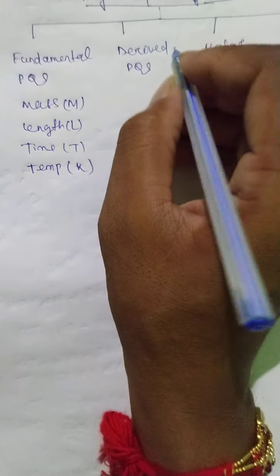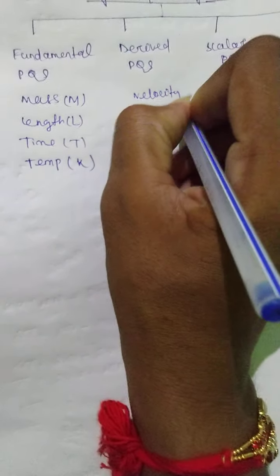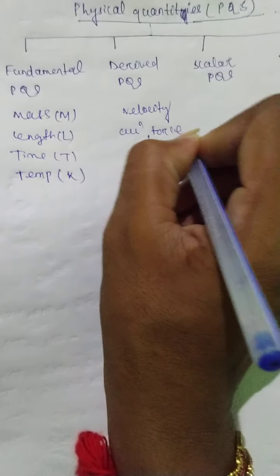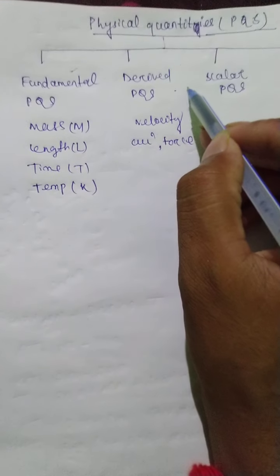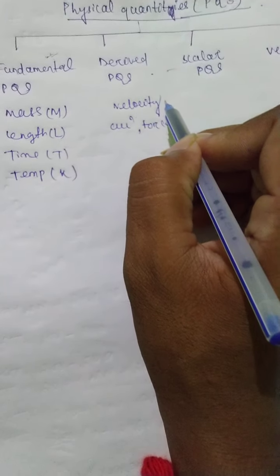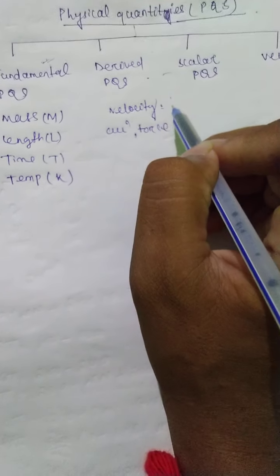Derived physical quantity means velocity, acceleration, force. These are derived from fundamental physical quantities. Okay. If we calculate velocity, then velocity equals distance by time.